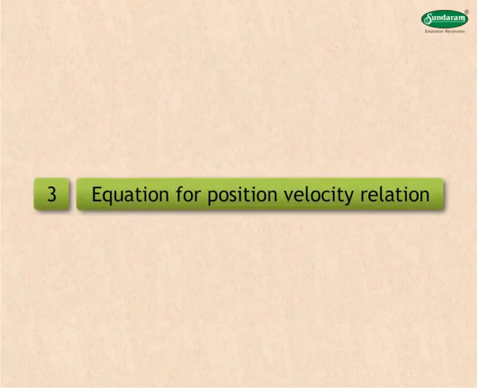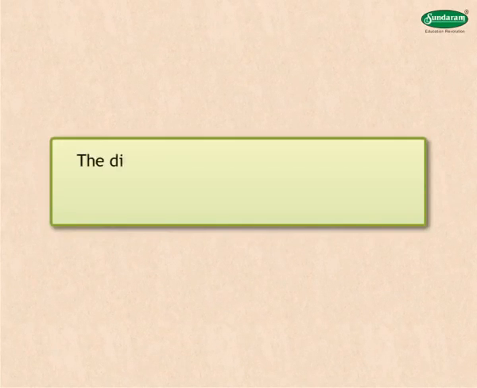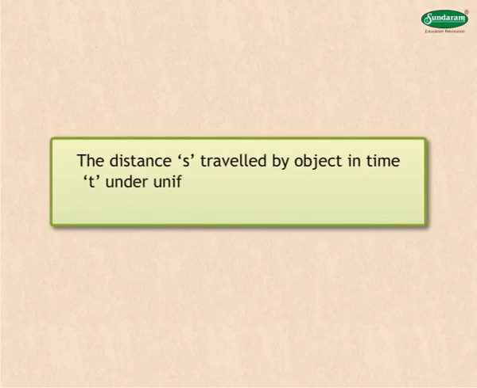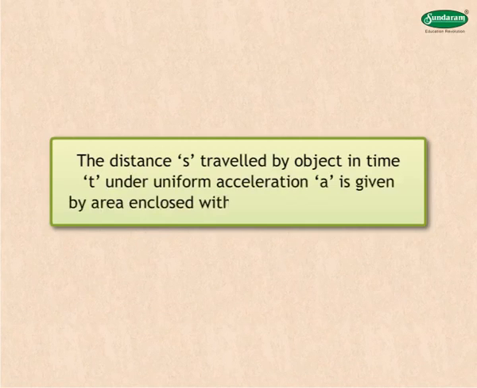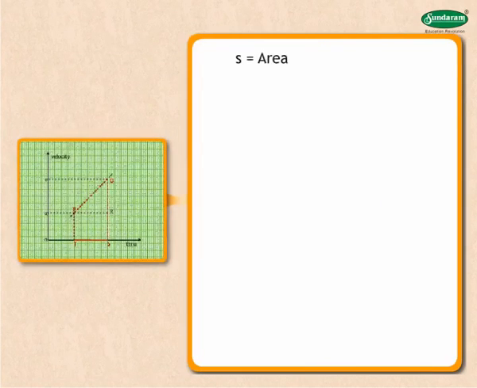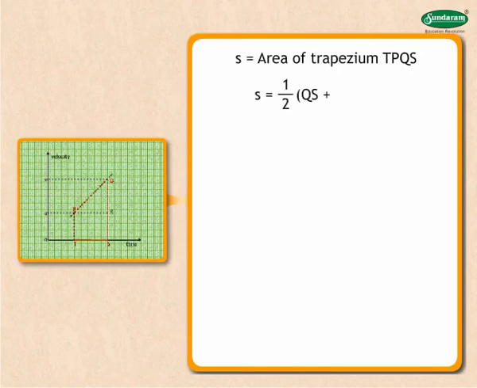3. Equation for position-velocity relation. The distance s travelled by object in time t under uniform acceleration a is given by area enclosed within quadrilateral TPQS. s is equal to the area of trapezium TPQS. s is equal to half multiplied by the sum of QS and TP multiplied by TS.